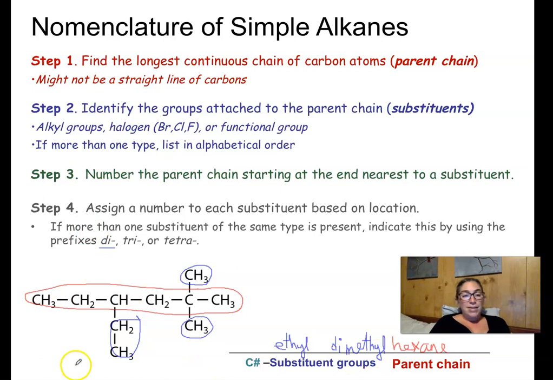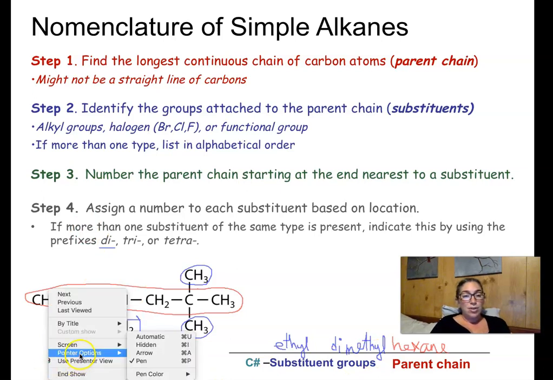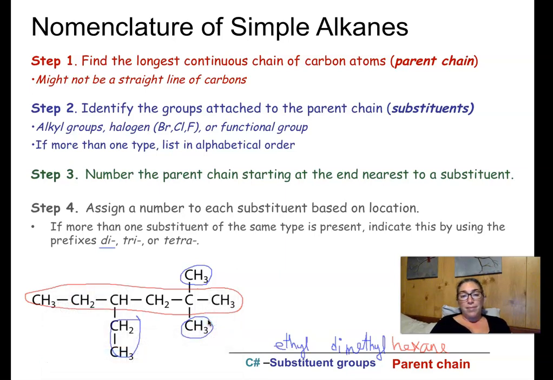All right, and then the last thing we need to do is to give them an address, basically assign them to a number carbon. So we could start numbering over here of our carbons, and we have 1, 2, 3, 4, 5, 6. If we do that, then the first carbon that we get a substituent on is carbon 3. Okay?